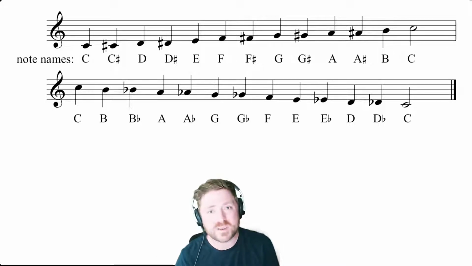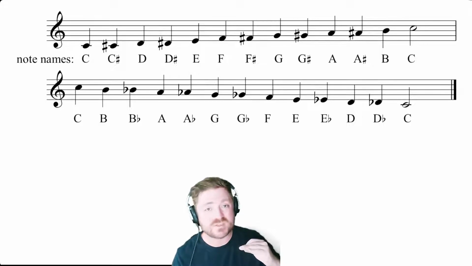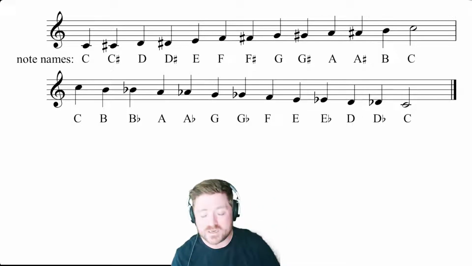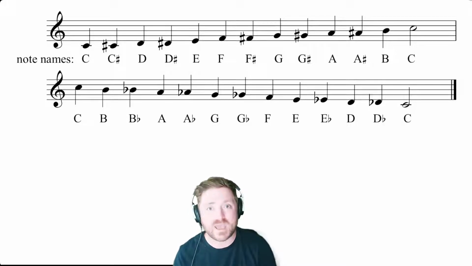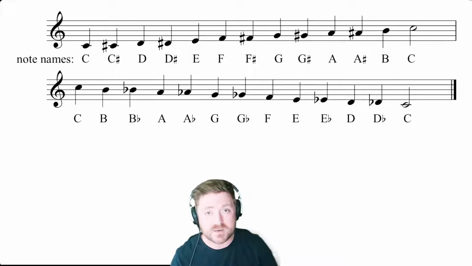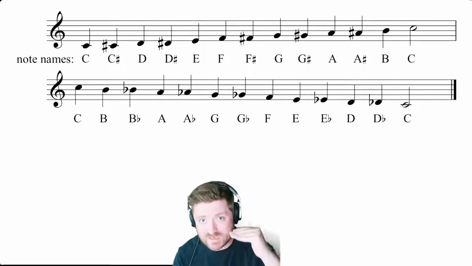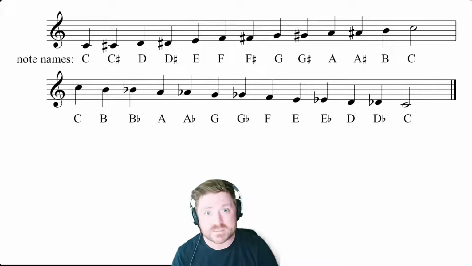So what we're going to do is count up. We're just going to hum up. Let's go up 3 semitones from this note, and that gives us a minor third. Let's start there and count up 3, starting on the first note and then counting 1, 2, 3. Ready? Hum the note. Now let's count up.